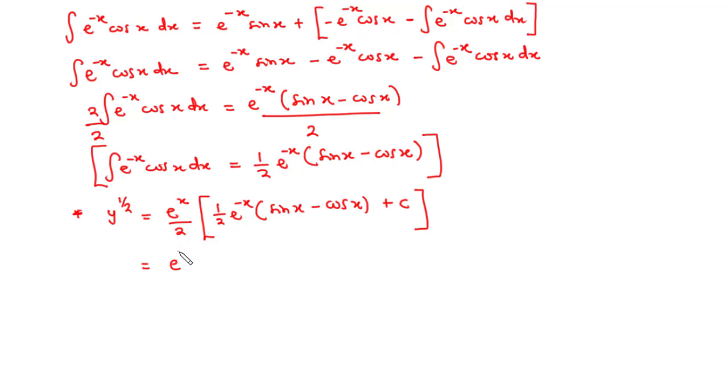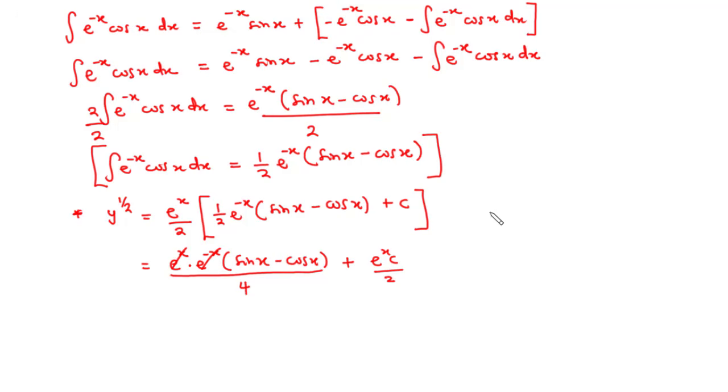So we are going to have e to the power x times e to the power negative x all times sine x minus cos x, and then we have 2 times 2, which is 4. So we have all this divided by 4 plus e to the power x over 2 times c becomes e to the power x c over 2. Now e to the power x and e to the power negative x cancel each other.